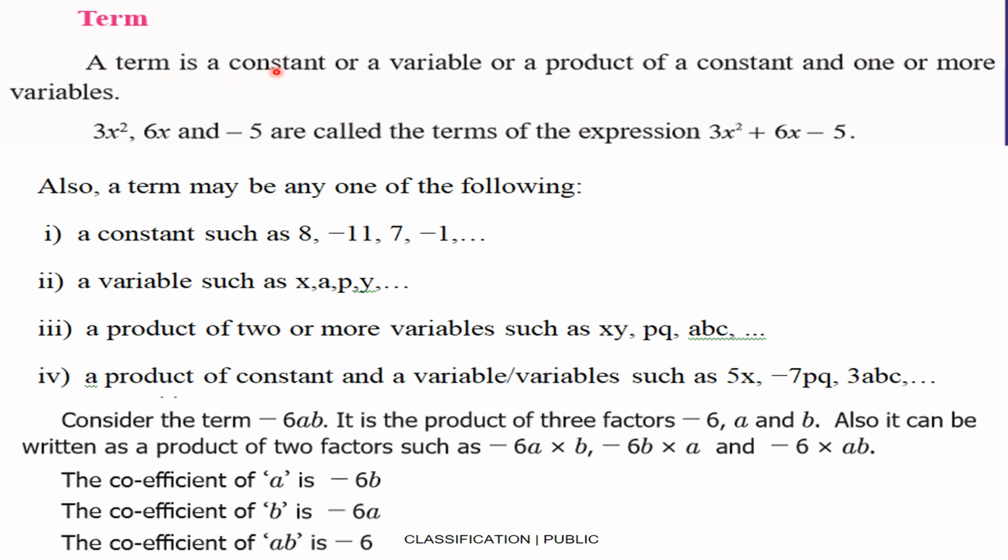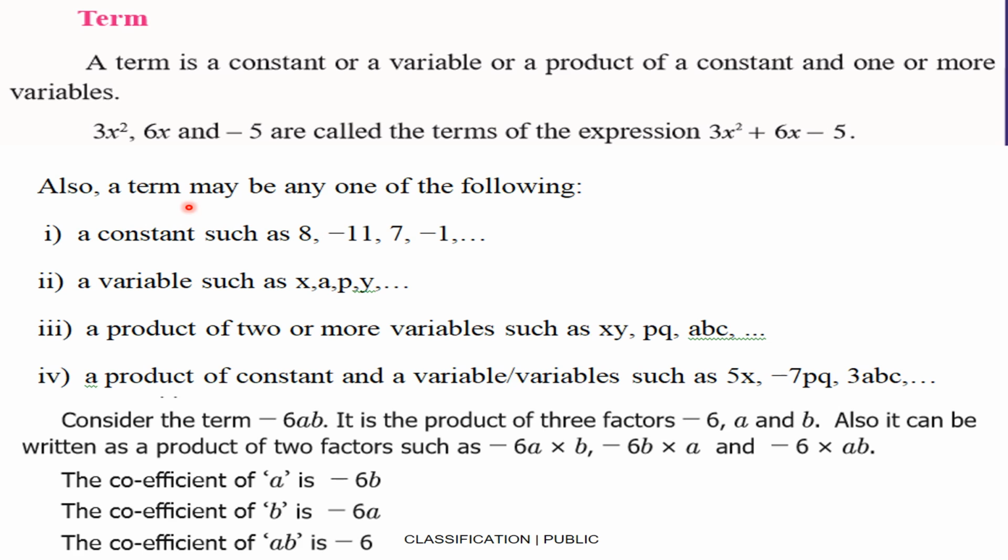Term means a constant or a variable or a product of a constant, that is multiply, and one or more variables. In the algebraic expression 3x squared plus 6x minus 5, what are the terms? 3x squared, 3x and minus 5 are called the terms.